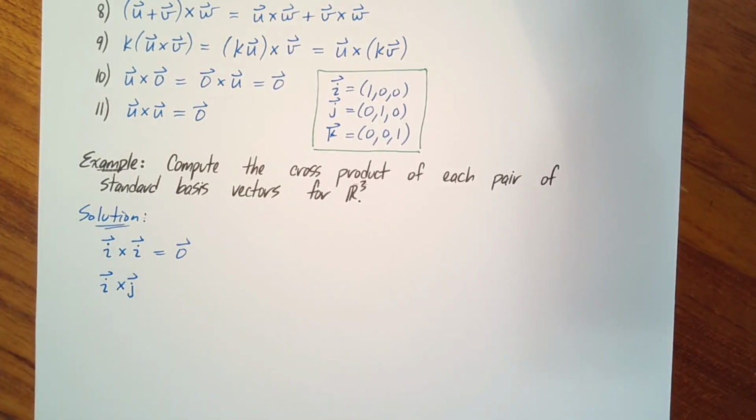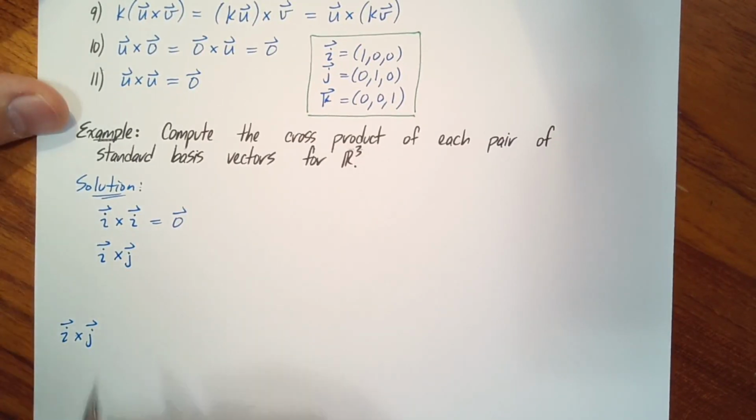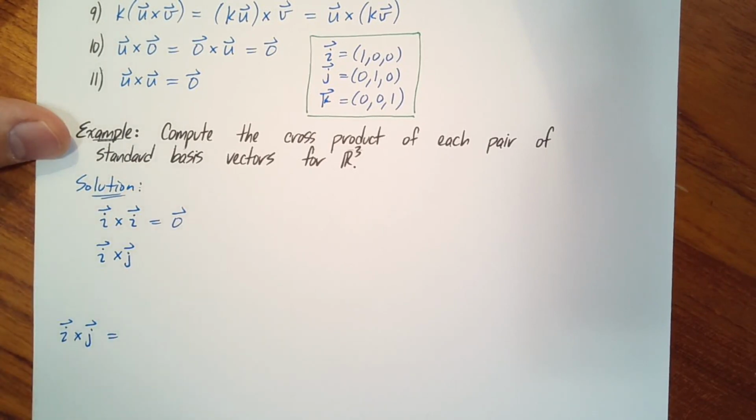So let's work this one out from scratch. Let's take the cross product of I and J. So what do we get if we do that? Well, it's going to be the determinant of this 3 by 3 matrix.